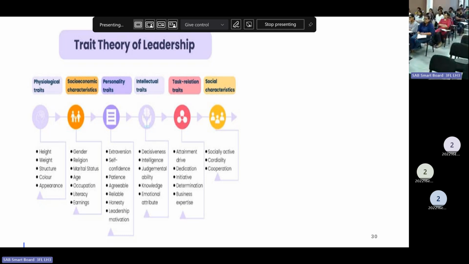And social characteristics: social activity, mobility, cooperation. So they identified these characteristics out of the 98. Can you see now? Around 90 out of the 98 are in your book. They have grouped them into this, the latest one.